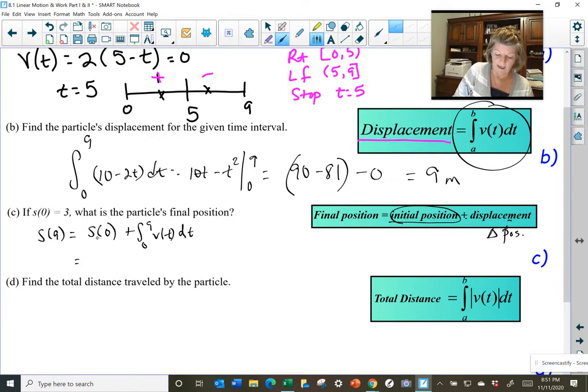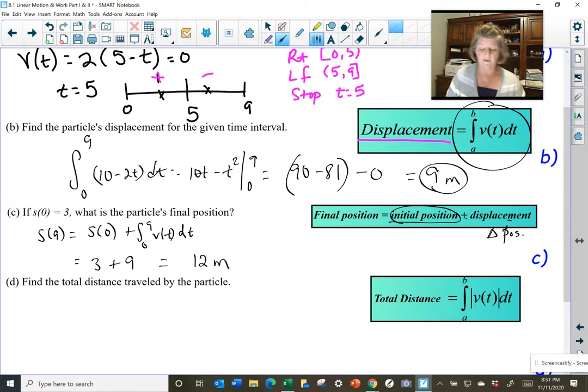We remember that s of 0 was 3, added with what we calculated in the last question. We're going to get the final position would be a location of 12 meters to the right. Yeah, that works, doesn't it?